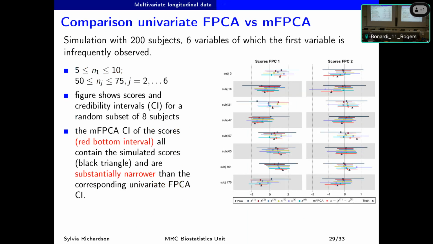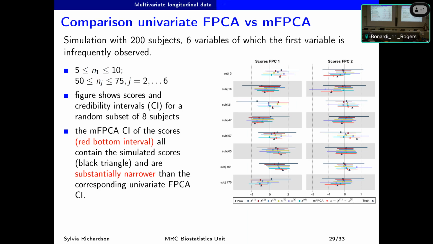So we're comparing basically univariate, and you can see how much you're gaining in terms of precision by using the combined version, particularly with respect to the first variable, which has very few values. And basically the truth is this black triangle, and it always gets covered.